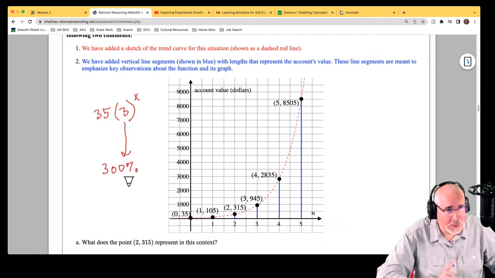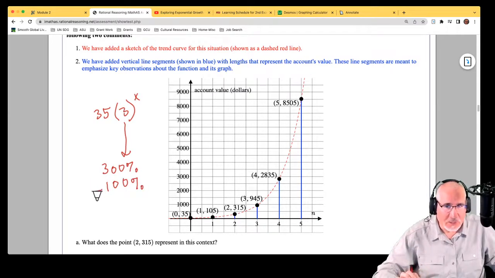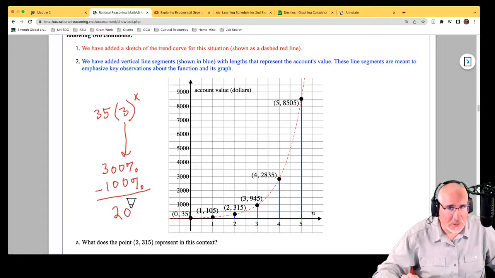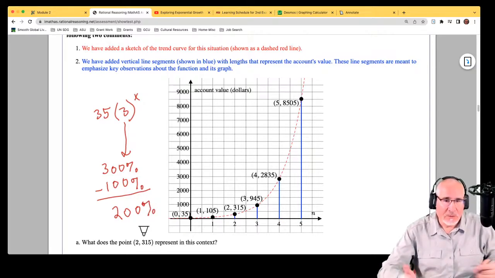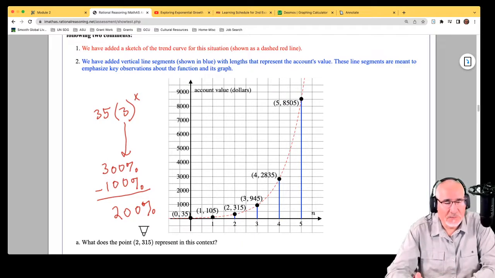But it's not a 300% increase. We have to subtract the 100%, because remember, that's the basis. We're getting back what we started with. And the increase is actually going to be a 200% increase. So anytime we have a 200% increase, that means we're tripling.